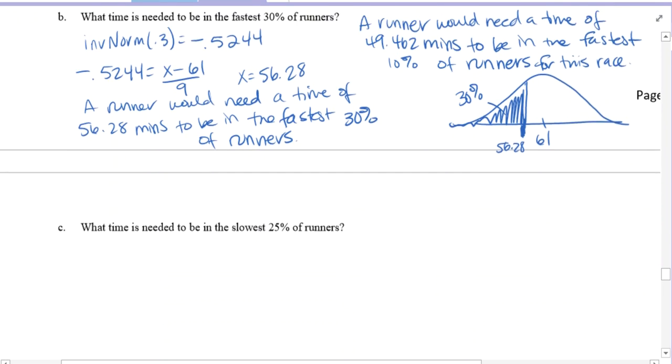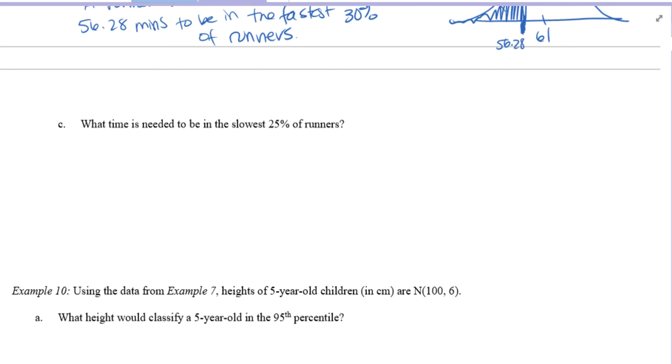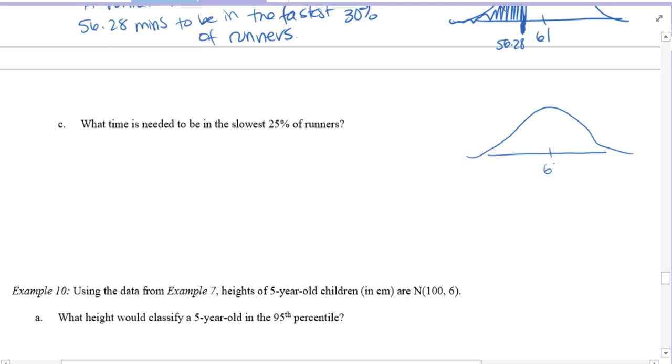Okay, and then when we flip the page, the next question that it asks goes with inverse norm a lot. And instead of the fastest times on the low side, it's asking what time is needed to be in the slowest 25% of runners. Okay, so we've got our curve. We're at 61. So the fastest, we're on the low side. This question is asking for the slowest 25% of runners.